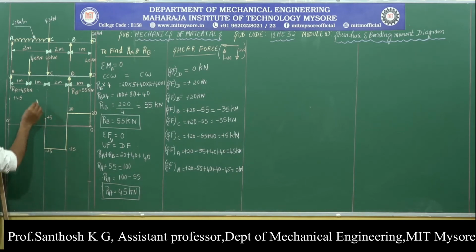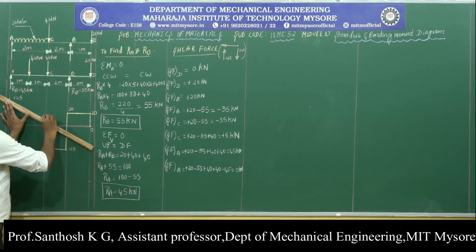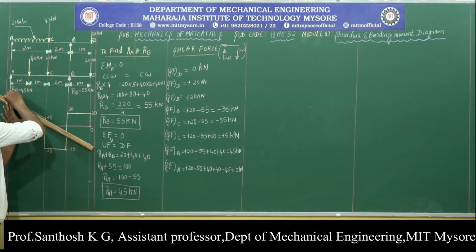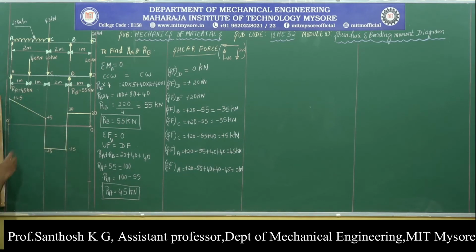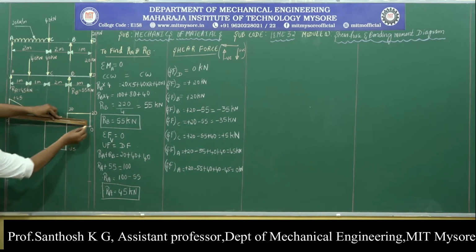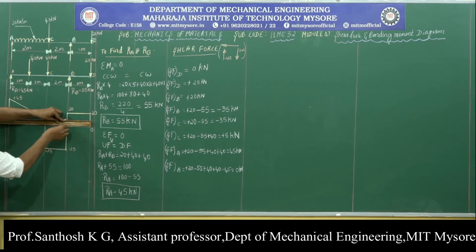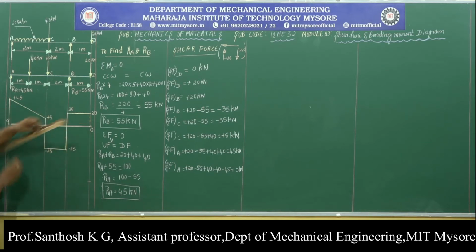Then in the portion A to C, since we have UDL, the shear force value rises up to 45. Then at point A, the shear force value becomes 0, and this diagram represents the shear force diagram for the given beam under the given loading.